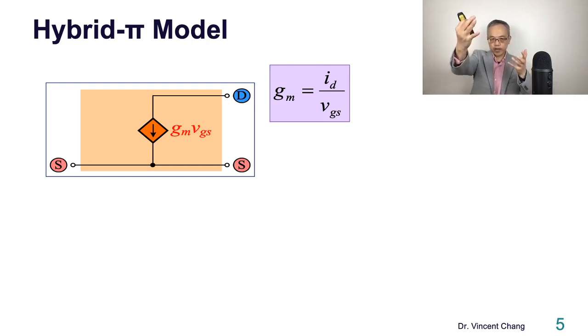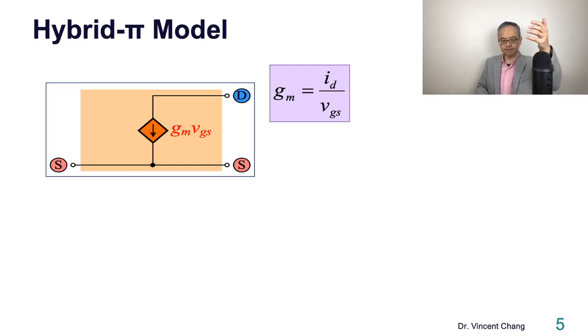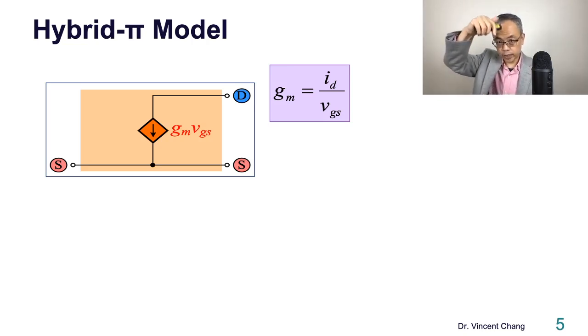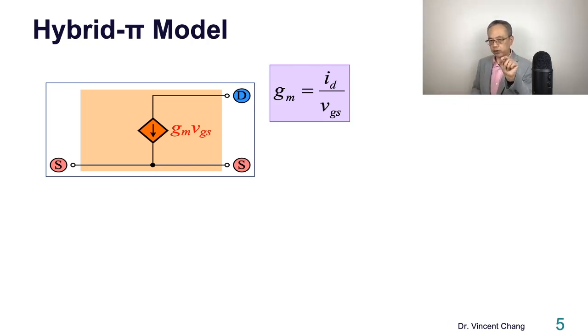So now drain, source, and gate, assuming the fourth terminal, the body, is connected to the source. This current, the drain current, is called ID. So ID equals GM VGS.